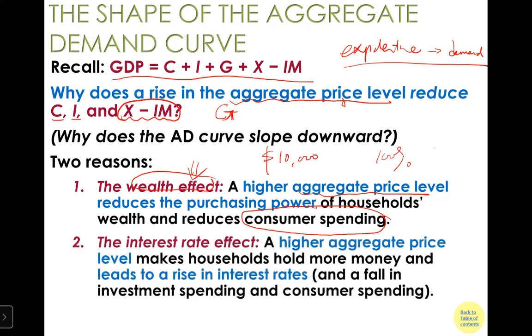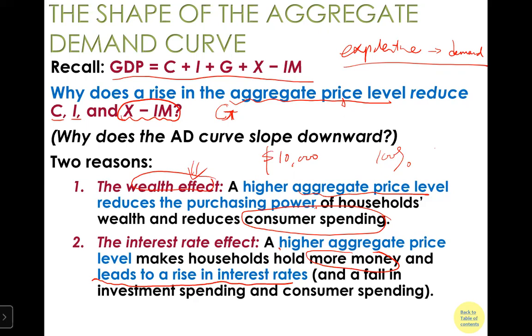On the other hand, there's an interest rate effect. There are many ways to understand that. One way is that a higher aggregate price requires you to hold more money for transactions, and that leads to a rise in the interest rate.